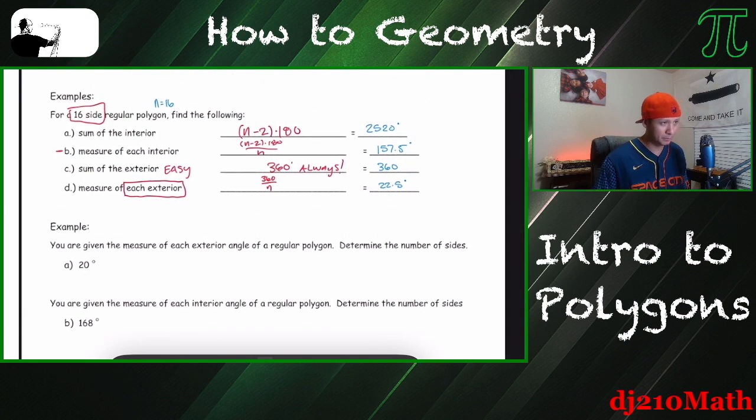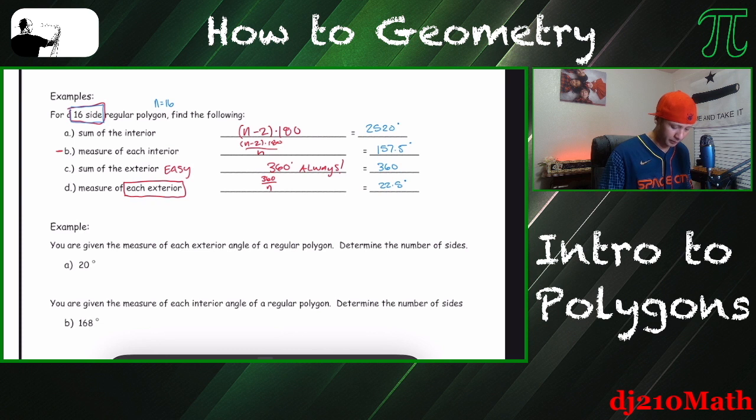So in the previous example, we were given the number of sides, and we wanted to find the various degrees. Well, now we're given a specific degree, and we need to figure out how many sides the angle came from.